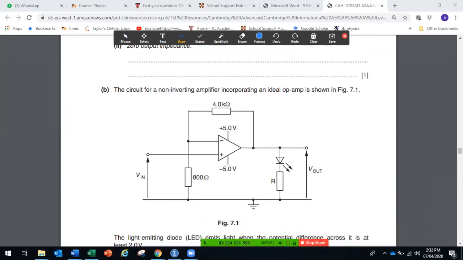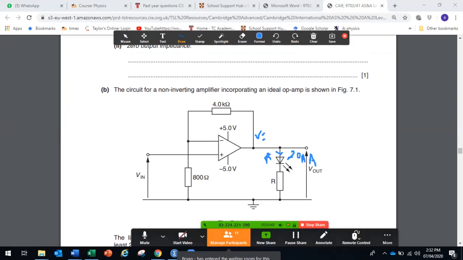They want the minimum resistance of R, the resistor.